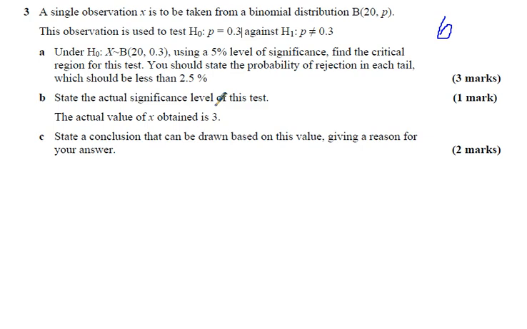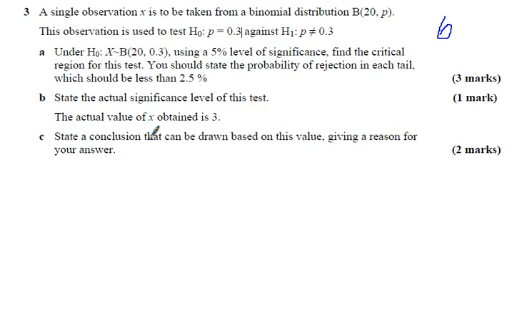The chance of that happening randomly is so small, it's more likely that your probability was wrong in the first place. Or the other way around, if it only comes out one time out of 20 and the chance of that happening is 2.3%, again, that's so unlikely that we think that actually you got the probability wrong.